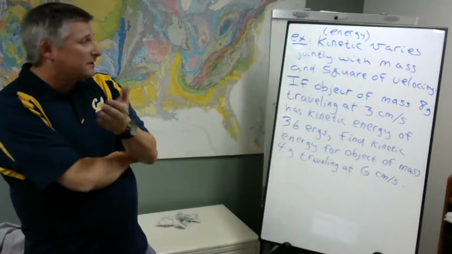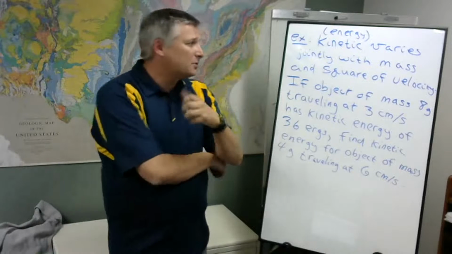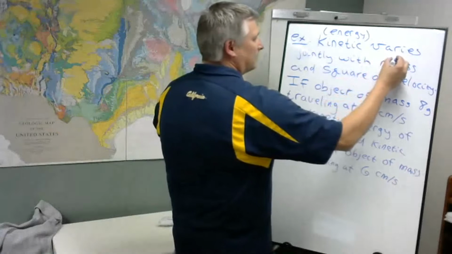So the kinetic energy varies jointly with mass and the square of velocity. So we have 2 things to think about.